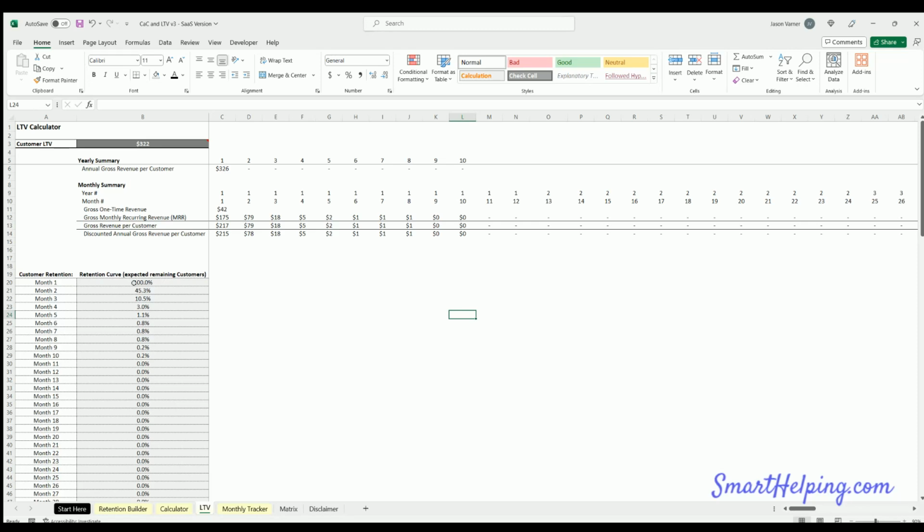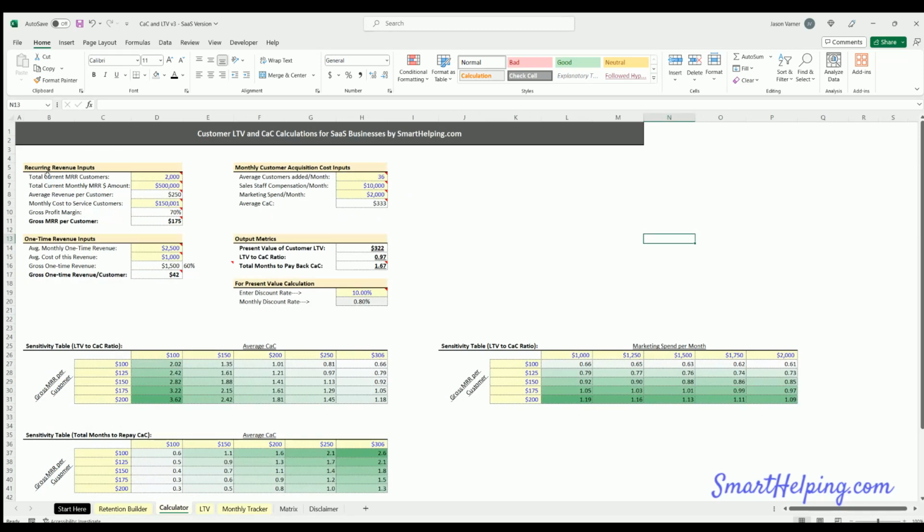Again, here you can actually configure the monthly recurring revenue by doing your total current MRR customers, total current monthly MRR amount, and the average revenue per customer is then calculated. Then you do monthly cost of service to customer, gross profit margin, this gross MRR per customer. That will then apply to the retention curve and get you your LTV.